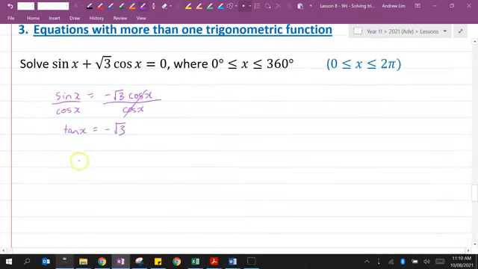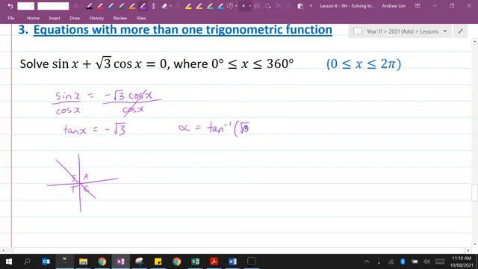And now I finally have just one trig function. I'm going to do my quadrants, all stations to central. Where is tan negative? It's negative in this quadrant and in this quadrant. Let's work out what the reference angle is. Now, because it's negative, in my calculator I'm not going to put a negative. So I'm going to work out alpha instead of x, just to work out the reference angle.